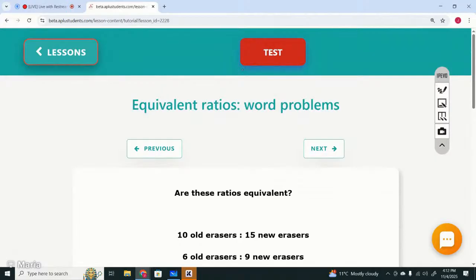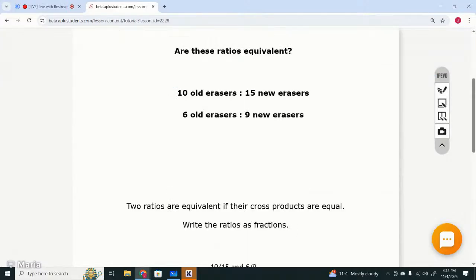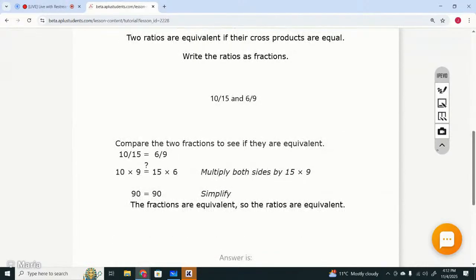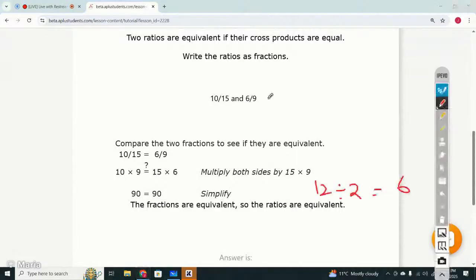Are these ratios equivalent? 10 old razors to 15 new razors and 6 old razors to 9 new razors. The first thing we need to do is write them in fraction form. That is 10 by 15 and 6 by 9.